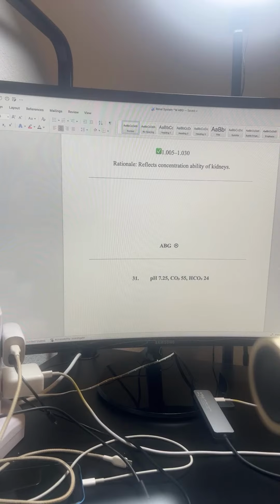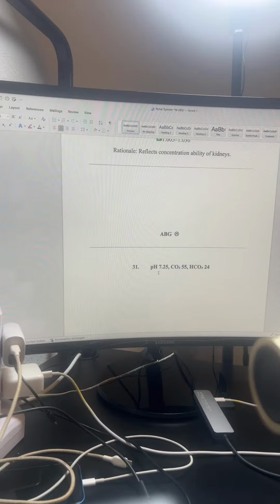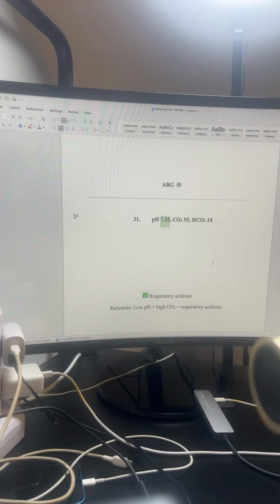You have an ABG question here. The pH is 7.25, CO2 55, bicarb 24. Respiratory acidosis, because you have your low pH and your high CO2.